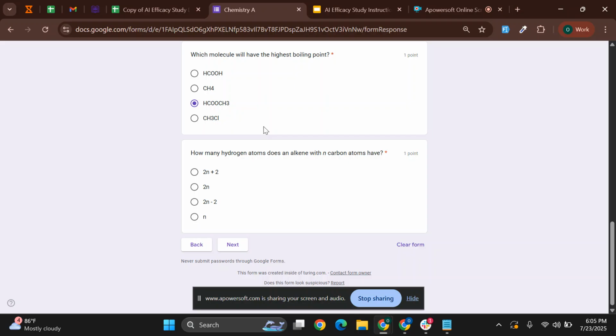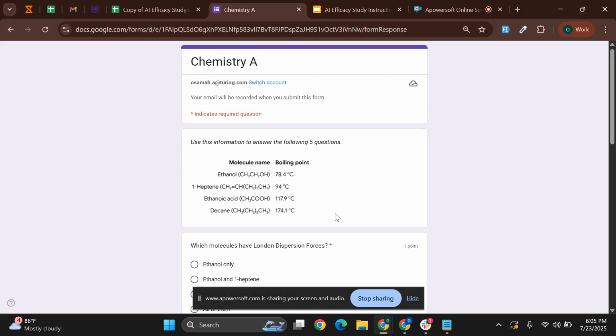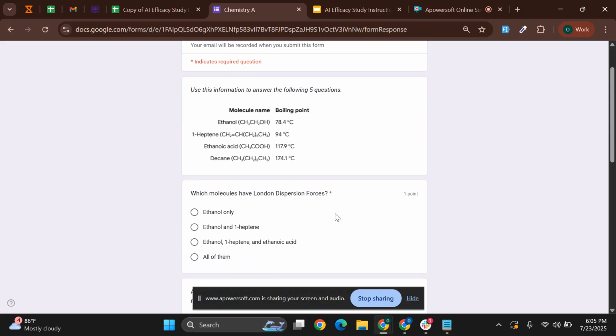Okay, how many hydrogen atoms does an alkane with n carbon atoms have? 2n plus 2. Molecule name ethanol, 78.4 degrees Celsius. 1-heptene. Okay, use this information for which molecules have London dispersion forces.